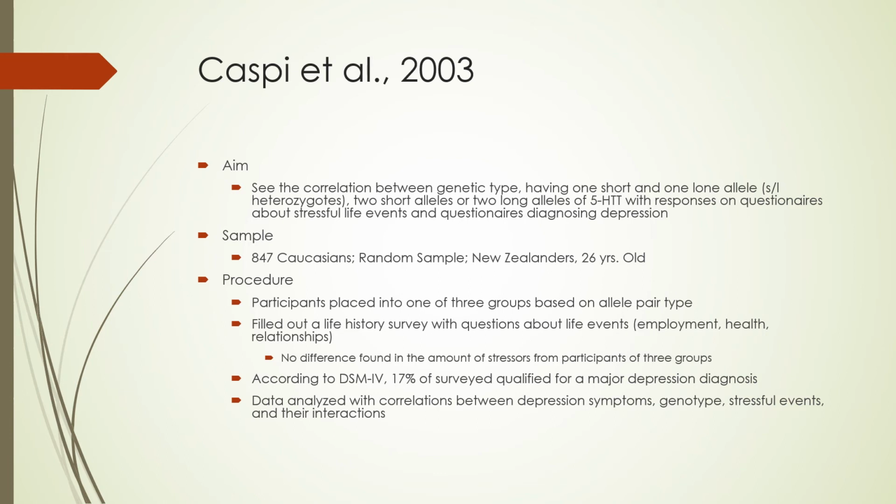And there was no difference found in the amount of stressors from participants of the three groups. At the time, 17% of surveyed qualified for a major depression diagnosis, and then the data was analyzed with correlations between depression symptoms, genotype, stressful events, and their interaction.